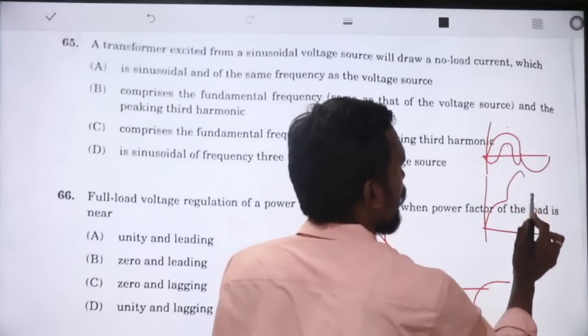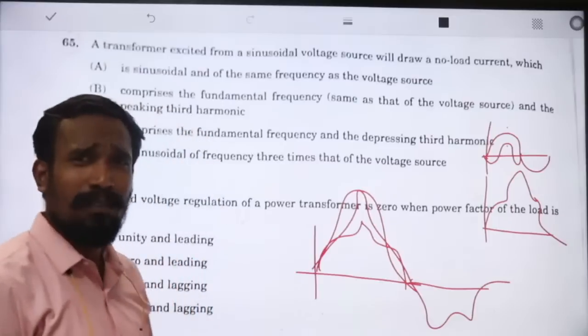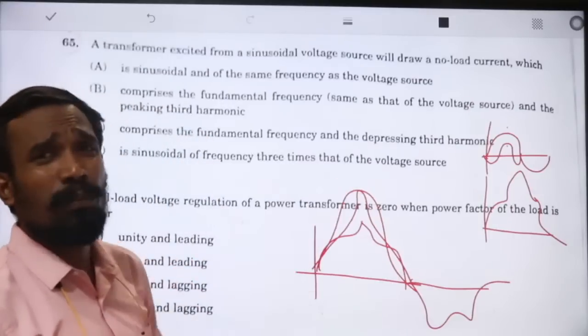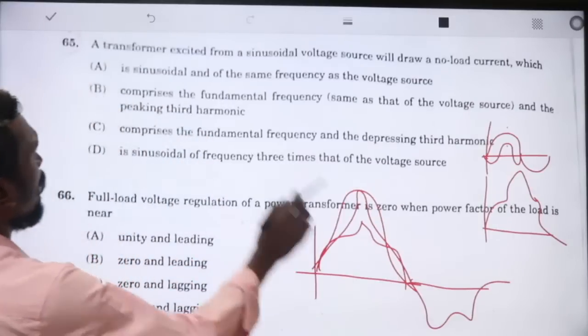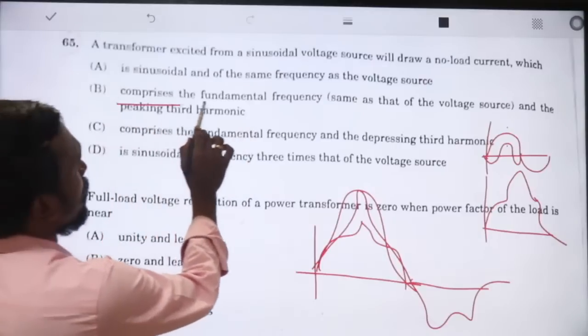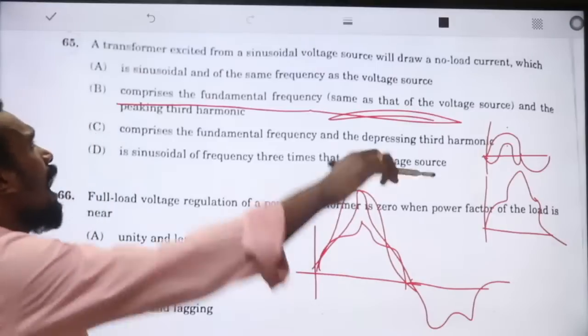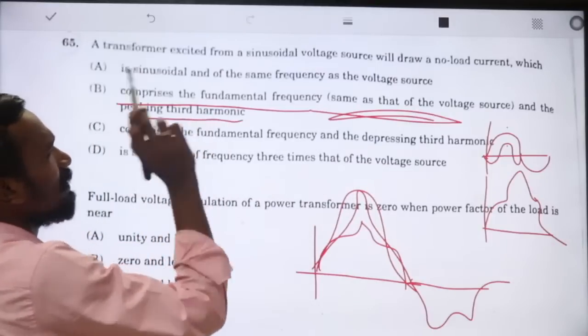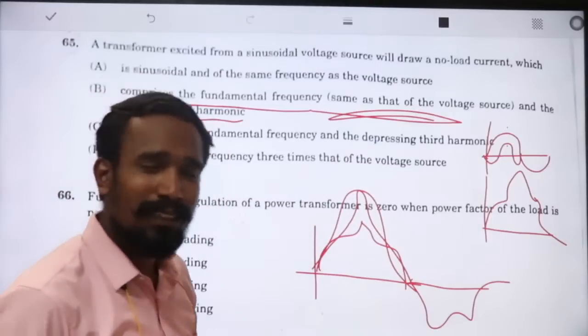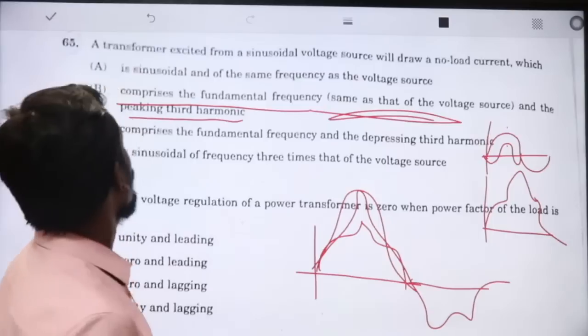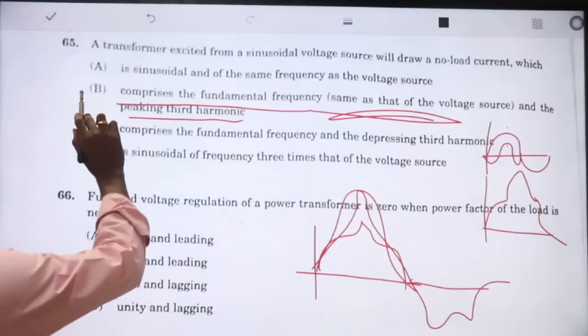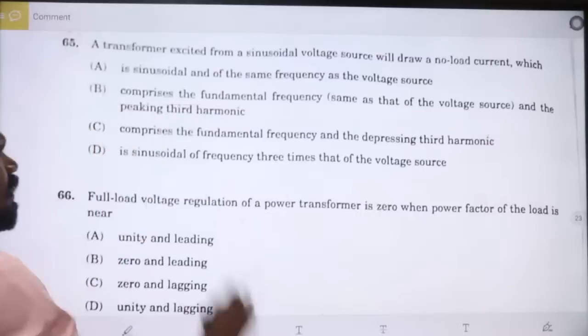When that is added, the peak values will come. It comprises the fundamental frequency, same as the voltage source, and the peaking third harmonics will be there. So for the 65th question, option B is the 100% correct answer.